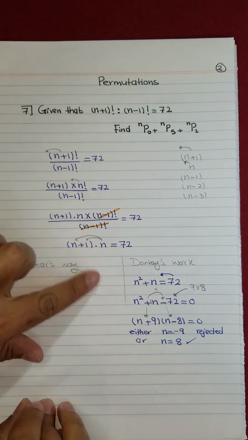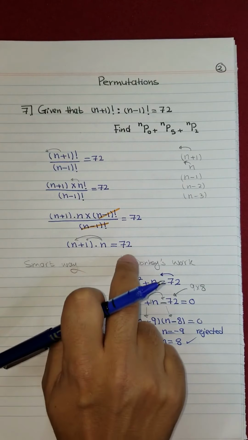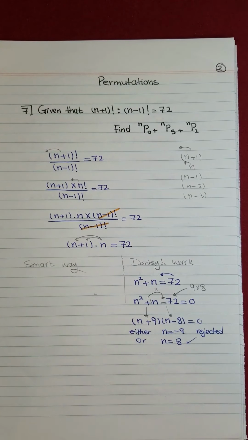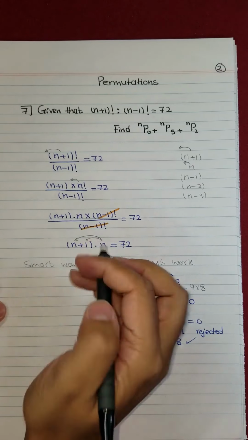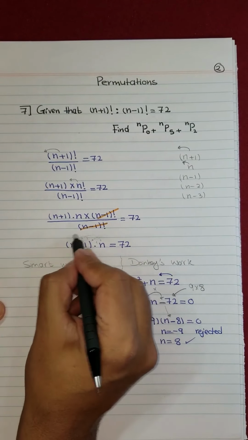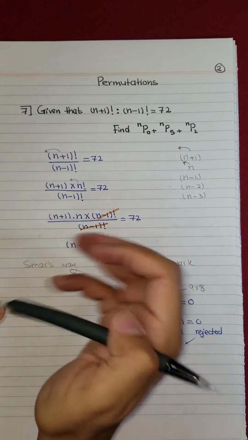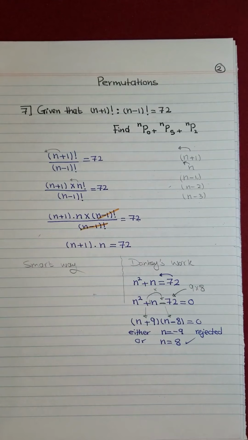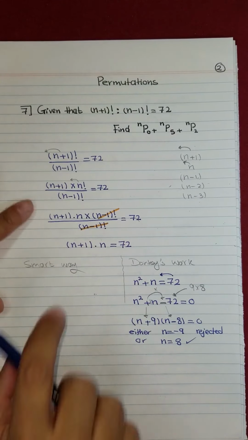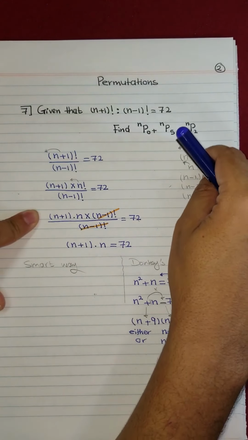This is one way. We can also find the value of n using another way, a smarter way. Now look at this, guys. Let's erase these arrows. We can say that these two factors, which are n plus 1 and n, are actually consecutive factors.